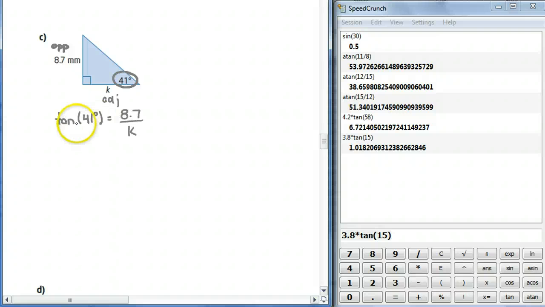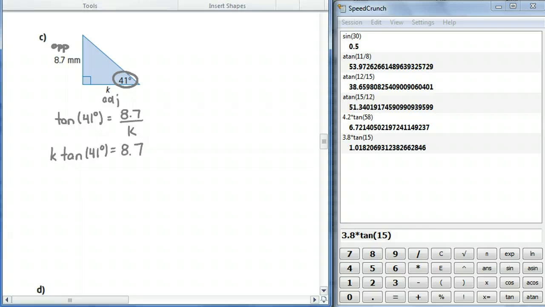Okay. So remember, tan 41 degrees is just a number, so we can treat it just like a number. So I'm going to multiply both sides by k first, and what that is going to do is we're going to end up with this. Now students often scratch their head and say, well, what do I do with this tan 41 degrees? Now I'm going to draw a little intermediate step.